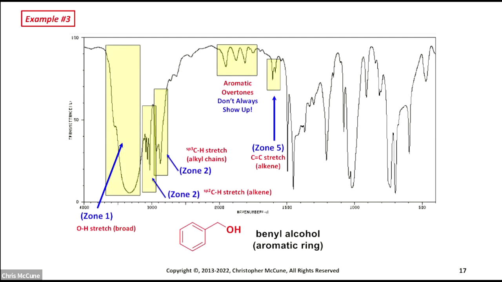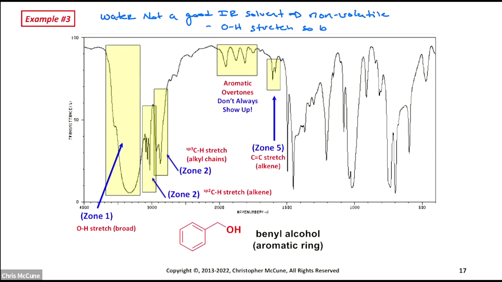So water is not a good IR solvent, mainly because it's not volatile, so it doesn't evaporate easily, and the OH stretch is so broad it masks peaks of interest.